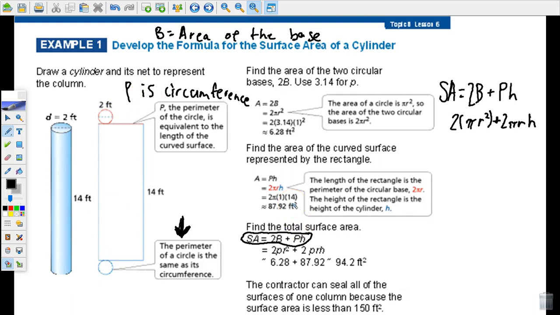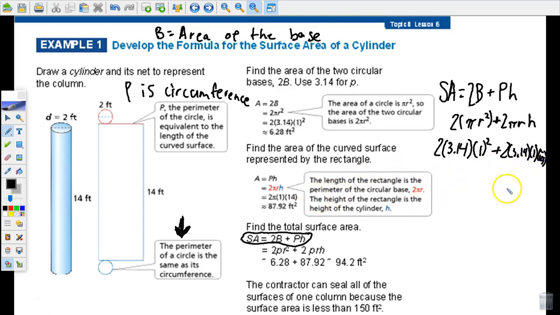So now at this point, all we are doing is filling in the numbers, and then we're solving. So I get 2 times 3.14, and then the radius is half of the diameter. If the diameter is 2, my radius would be 1, and that is squared, plus 2 times 3.14 times the radius, which is 1, and then the height is 14.